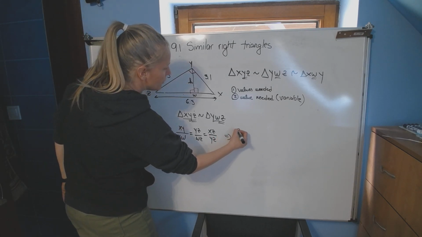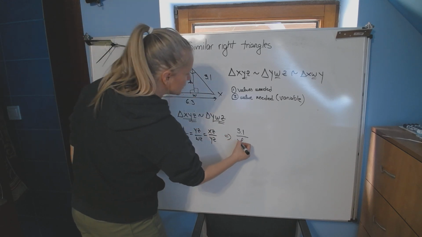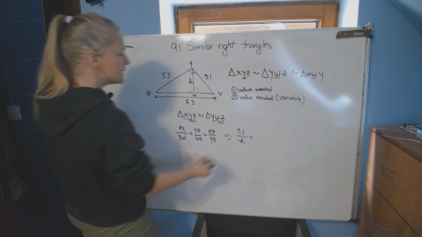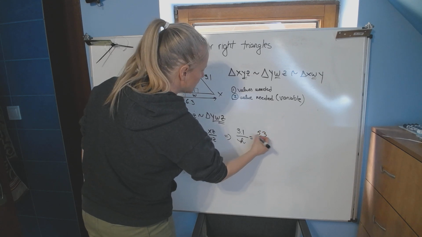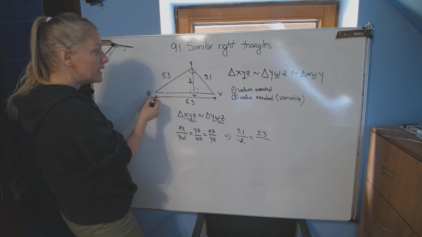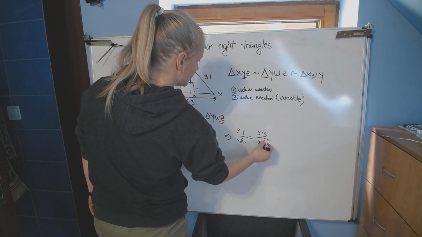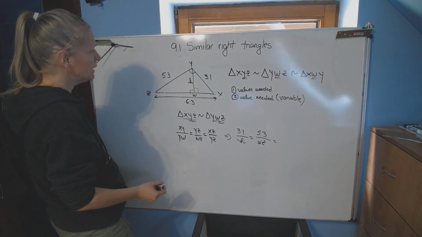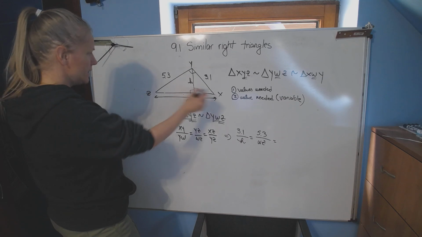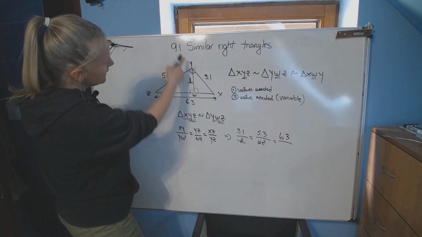XY 3.1 over YW, which is h, equals YZ 5.3 over WZ. Do I know anything about WZ? Nope, I don't. I'm going to write WZ. And it will equal XZ, which is 6.3, over YZ.